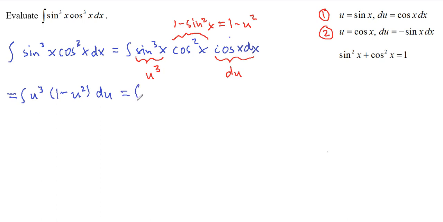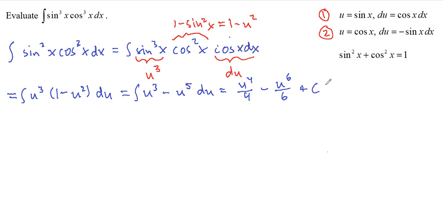And as we expand our bracket, we get u to the power of 3 minus u to the power of 5 du. These power functions are simple and straightforward to integrate, and we get u to the power of 4 over 4 minus u to the power of 6 over 6, since it's indefinite, plus c.